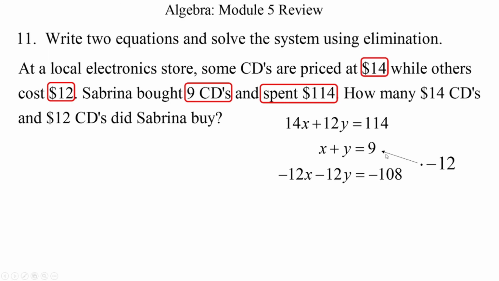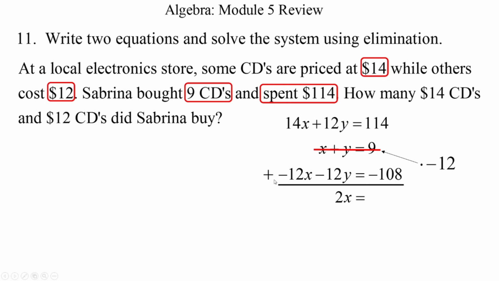I'm going to not need this middle one temporarily here. So I'm going to just get rid of that just for a second because I might use it later. And I'm going to add these two equations right here because that would cancel my y's. So let's add. All right, so 14x's plus negative 12x's, that's going to give me 2x's.